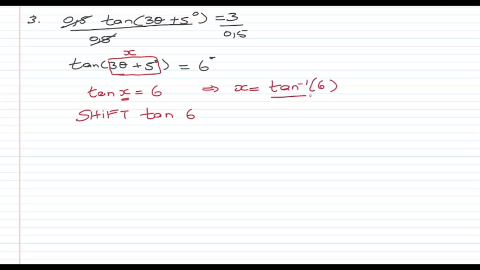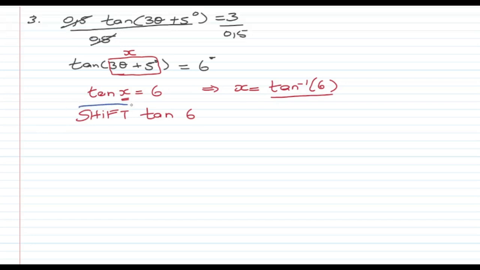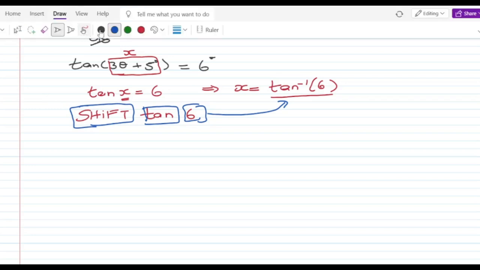So how do we punch this on the calculator? You punch shift, then tan, then you put 6. When you punch an equal sign, you'll get the value of x.